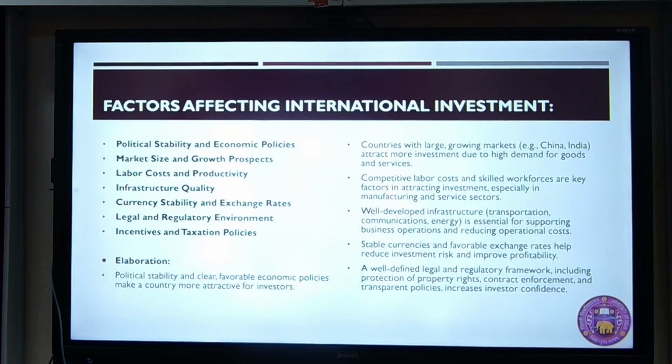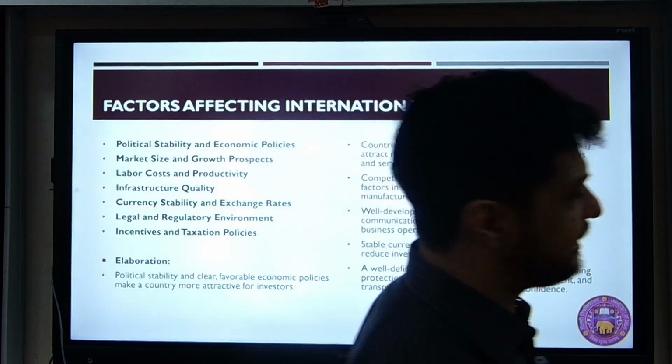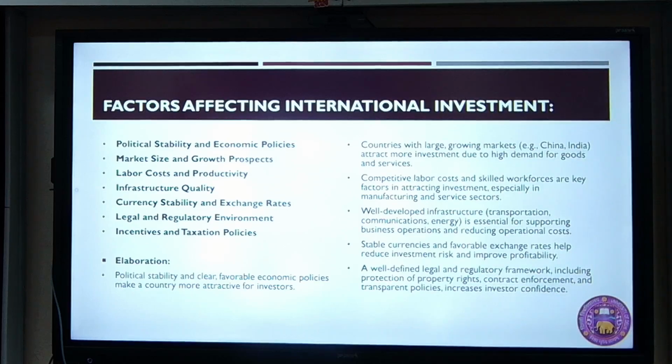So this we've seen, there are a lot of factors which impact foreign investments, including political, economic policies, market size. So if there is a big market, India is a very big market for all the foreign players, big companies are looking to enter India. The reason is firstly the population is very huge, and also there is a big middle class section in the country which is growing with passing time.